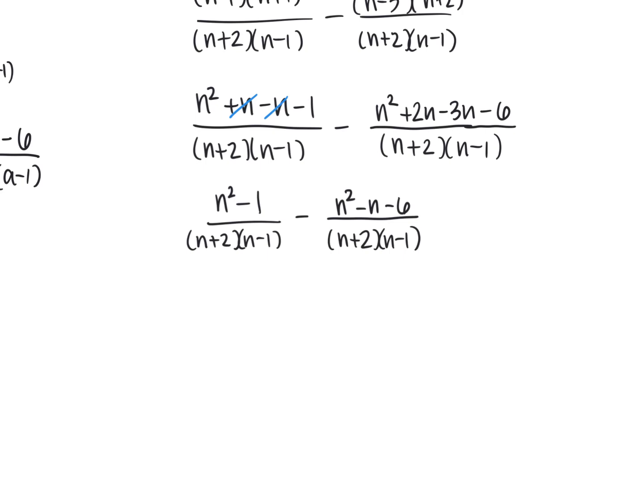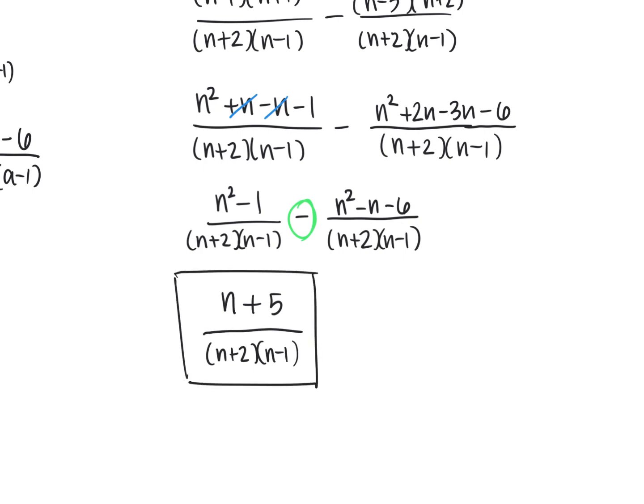There's no more n's from my first fraction, so it doesn't stay negative n because you have to remember you have this negative that is distributing. So the minus n is actually going to become positive n. And then you have negative 1 minus negative 6, which is going to become addition. So it's negative 1 plus 6, which is going to become n plus 5 over n plus 2 times n minus 1, which is our final answer.